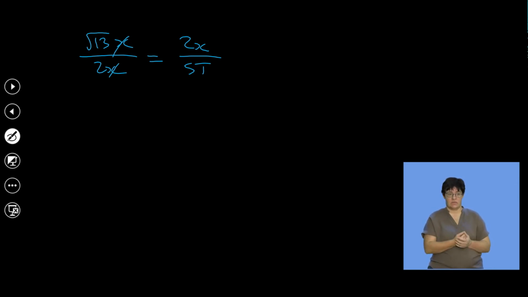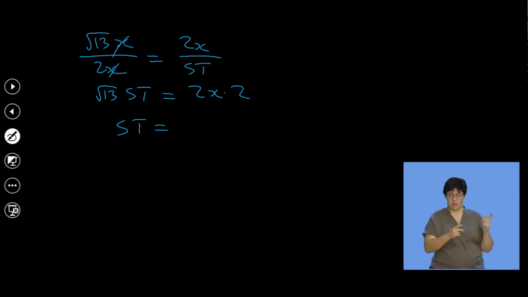Then I will be left with square root of 13 ST is equal to 2x multiplied by the 2, which is 4, and therefore if I solve for ST, you divide both sides by square root of 13, right? So this will be 4x over square root of 13.